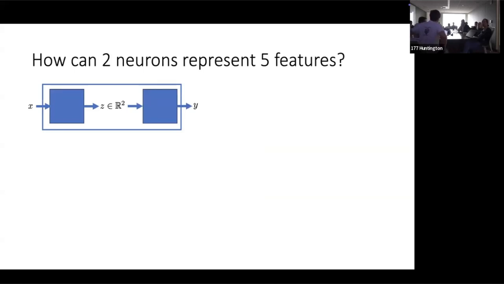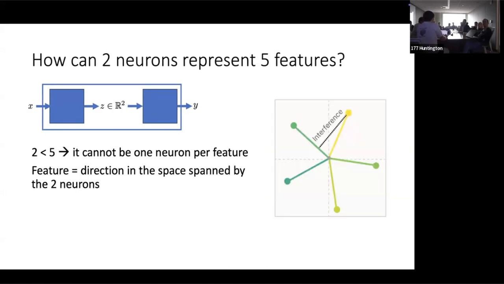If you have only 2 neurons, how can you represent 5 features? 2 is smaller than 5, so you are probably not going to represent a feature with a neuron. But if you put vectors onto the 2D plane, you can put an arbitrary number of vectors there. And as long as the features don't co-occur all of the time, this is where the sparsity comes in, you are able to nicely represent your 5 features most of the time.